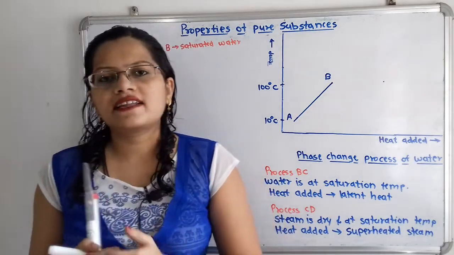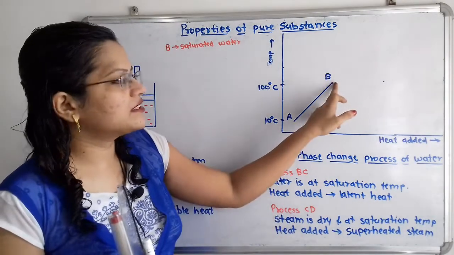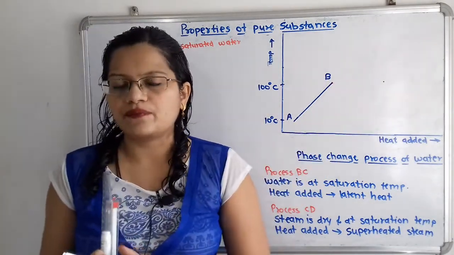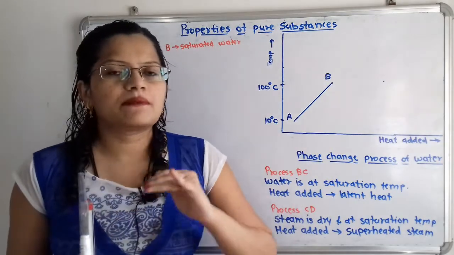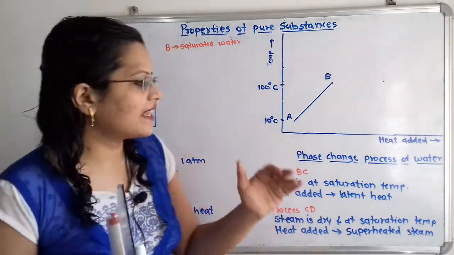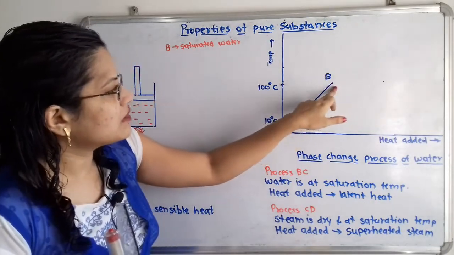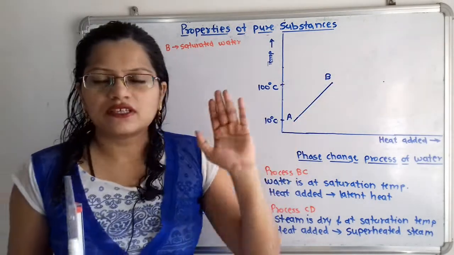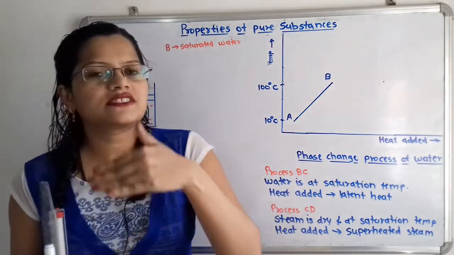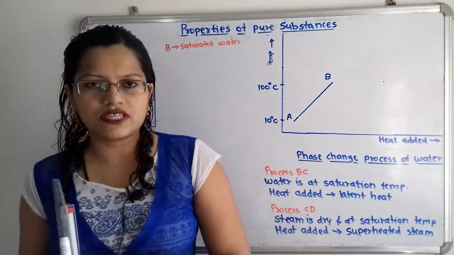When we add extra heat, the water starts to convert into steam and the temperature remains constant. So for the next process BC, we show the constant temperature until all the water is converted into steam.